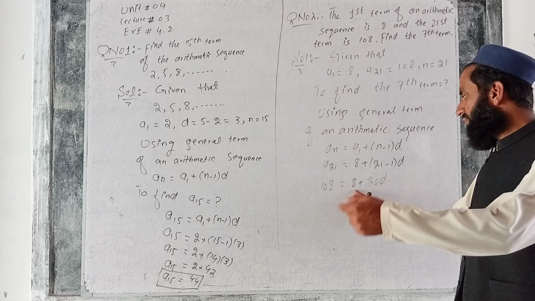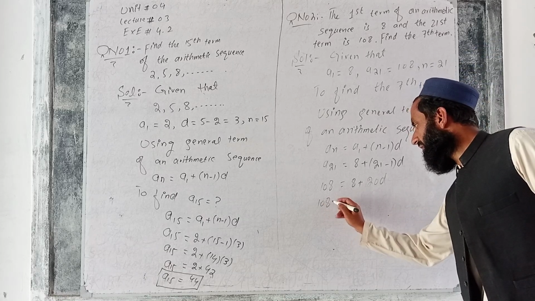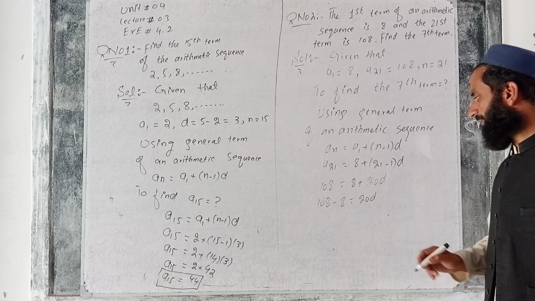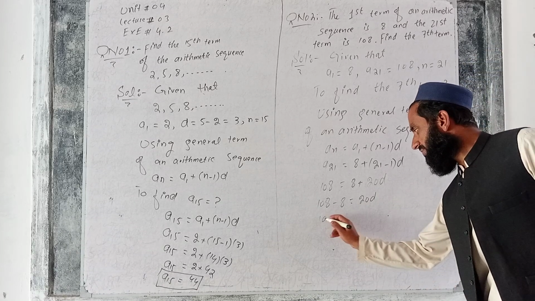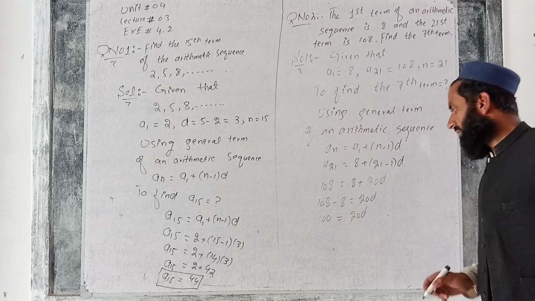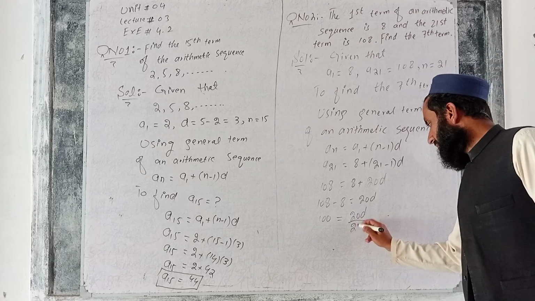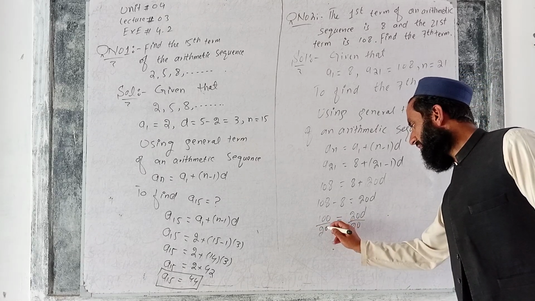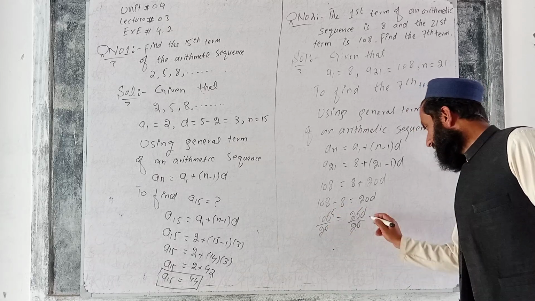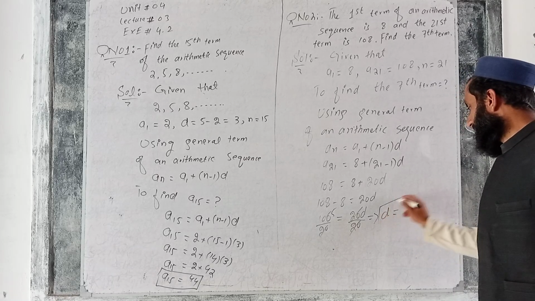Shift 8 to the left hand side to get 108 minus 8 is equal to 20d. This implies that 100 is equal to 20d. So divide both sides by 20. Cancel. This implies that d is equal to 5.